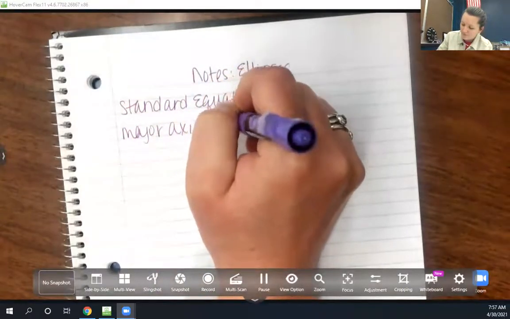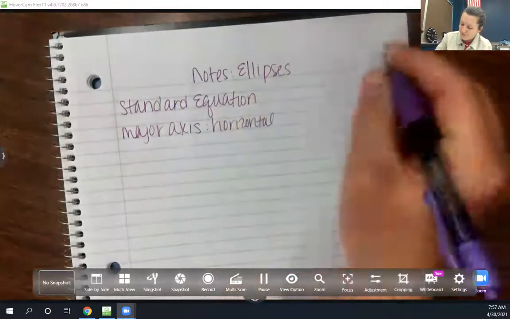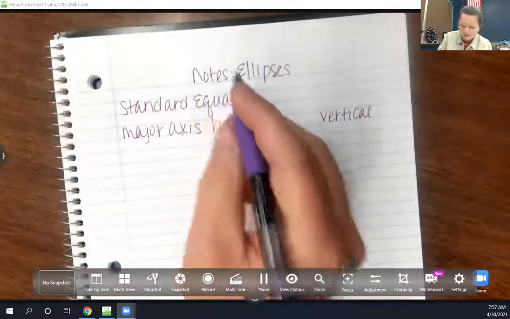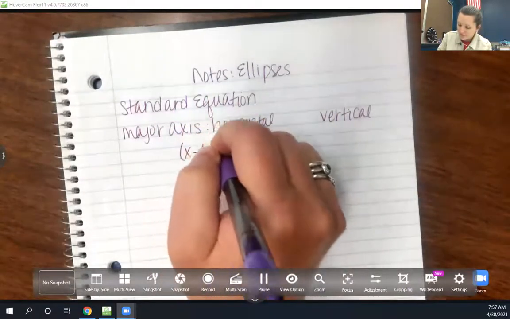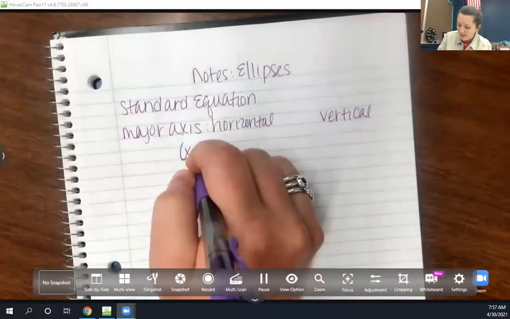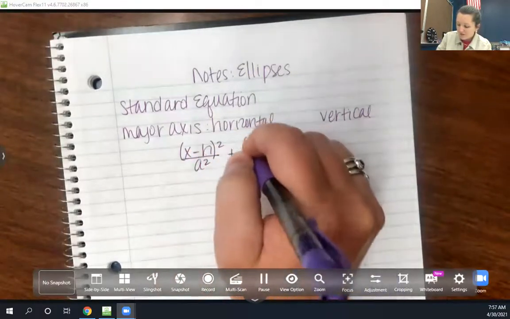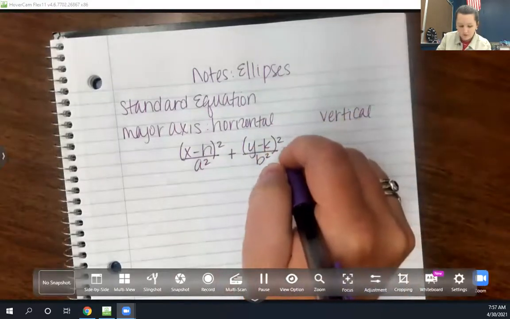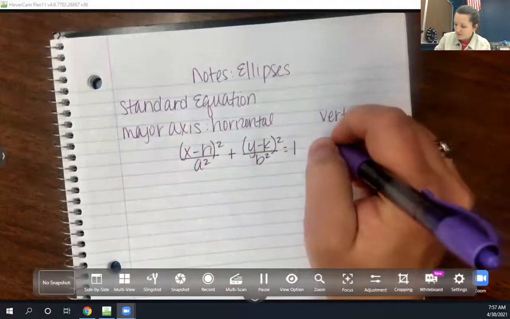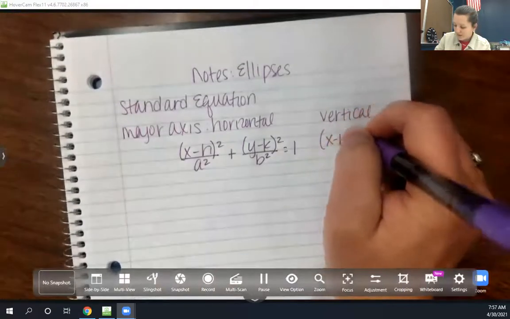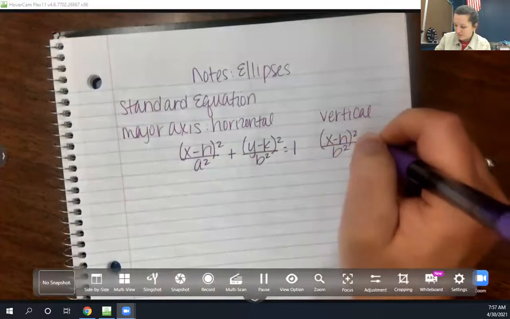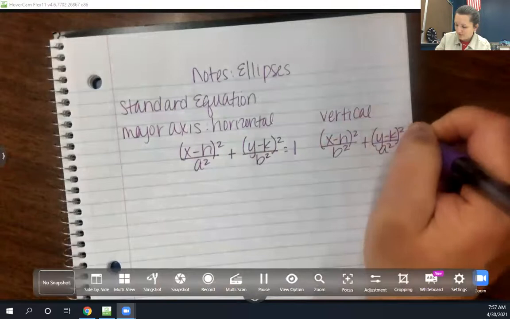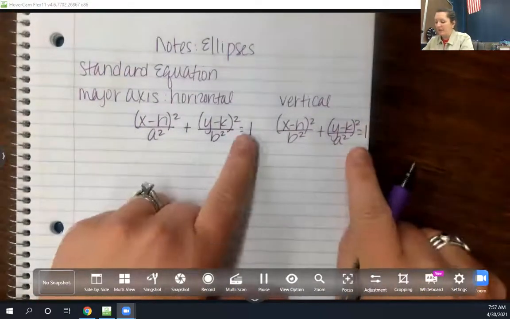The horizontal looks like this: (x minus h) squared divided by a squared, plus (y minus k) squared divided by b squared, equals 1. And your vertical is (x minus h) squared divided by b squared, and (y minus k) squared divided by a squared, equals 1.